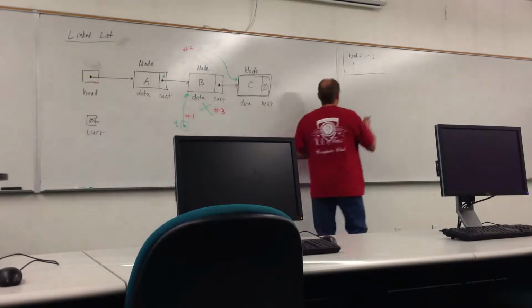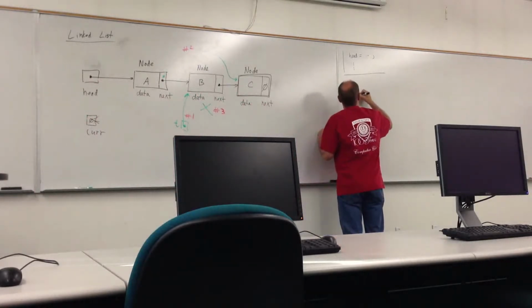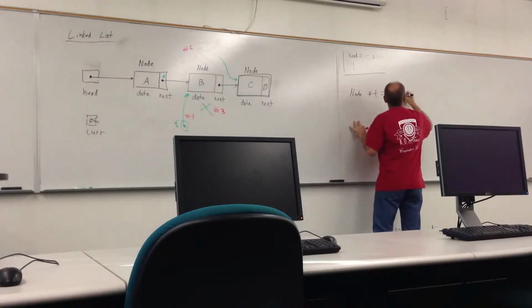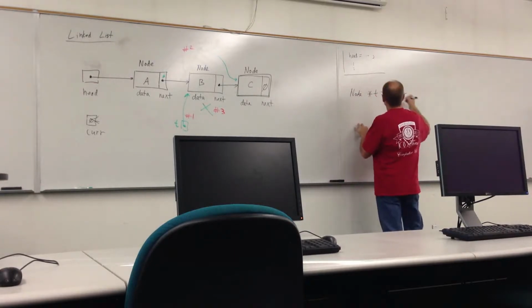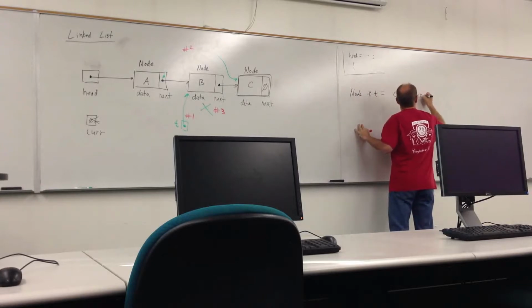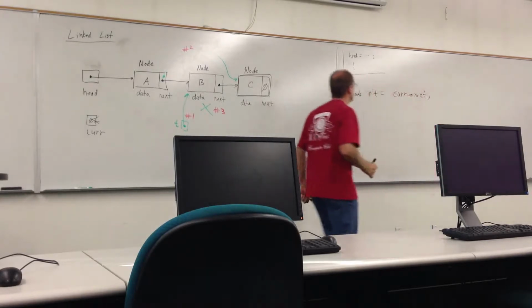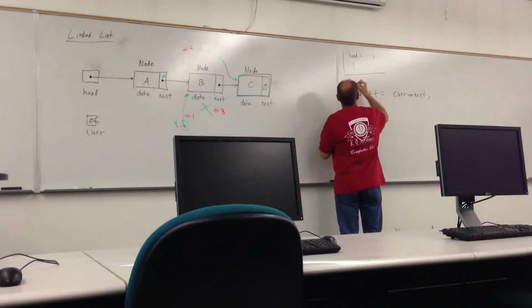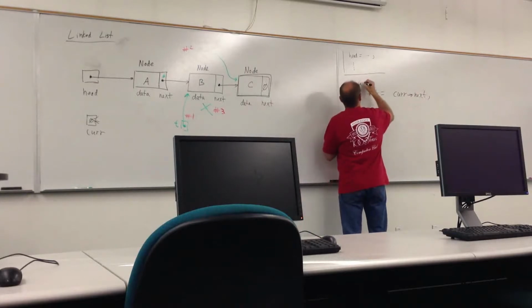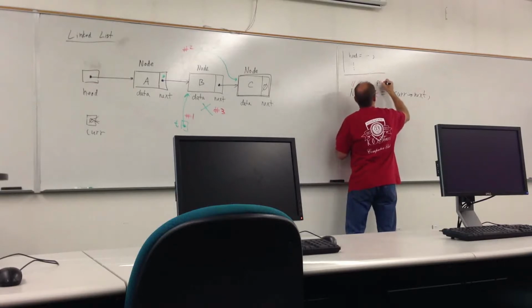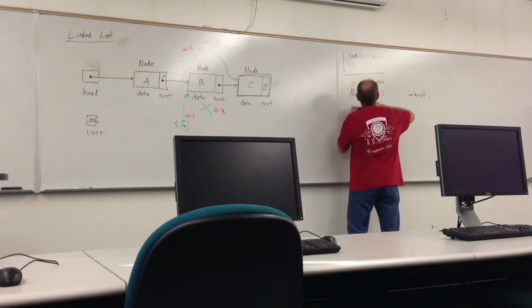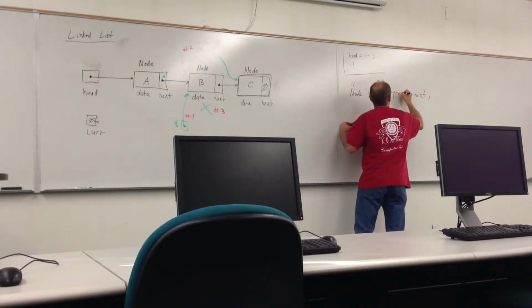Okay. So code for this. Node star T equals... I'm going to write this a little bit weird here. Actually, I don't want it to be called cur.